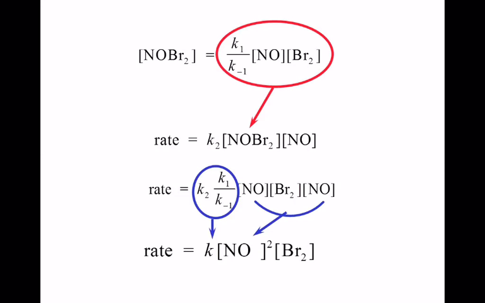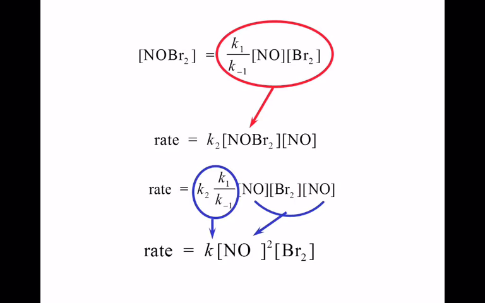So based upon your slow rate determining step, rate is equal to K, and you can see where the K is actually expanded out into K2 times K1 divided by K -1, but K is fine, times the molar concentration of NO raised to the second power times the molar concentration of Br2 raised to the first power.